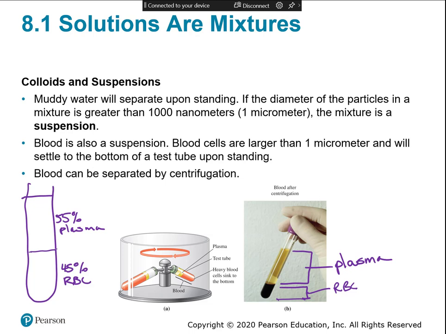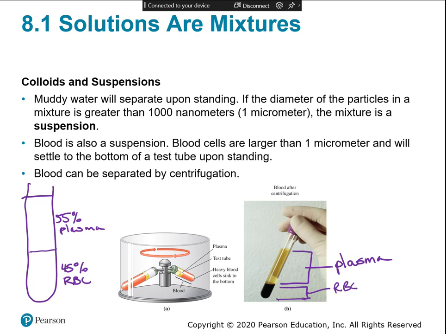Why wouldn't all the red blood cells settle out? What is your blood doing? It's constantly moving, right? So as long as the blood is moving, the blood cells stay suspended. What happens when you die is the blood stops moving and all those blood cells end up collecting. They're all going to come out of suspension.